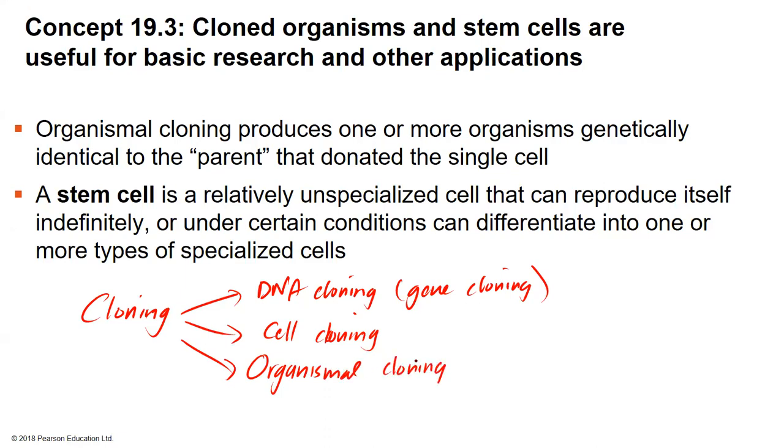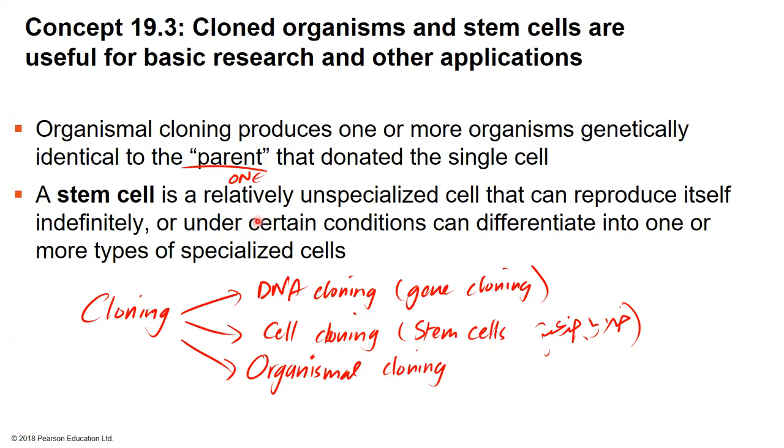We can clone a whole organism that is genetically identical to its parent, actually one parent, not two parents. So cell cloning is done using a type of cells called stem cells. And we're going to discuss cloning of organisms also.